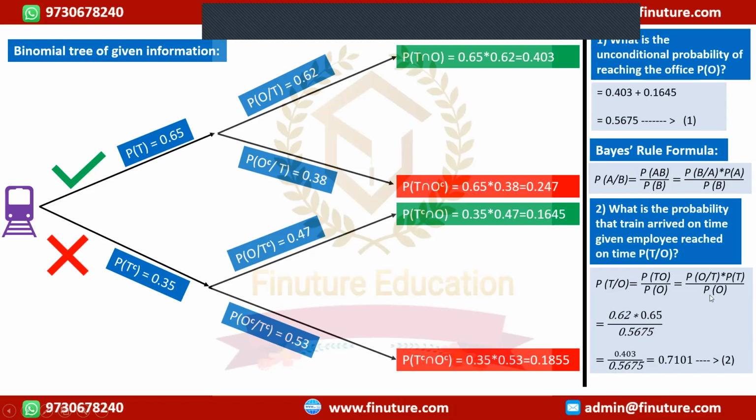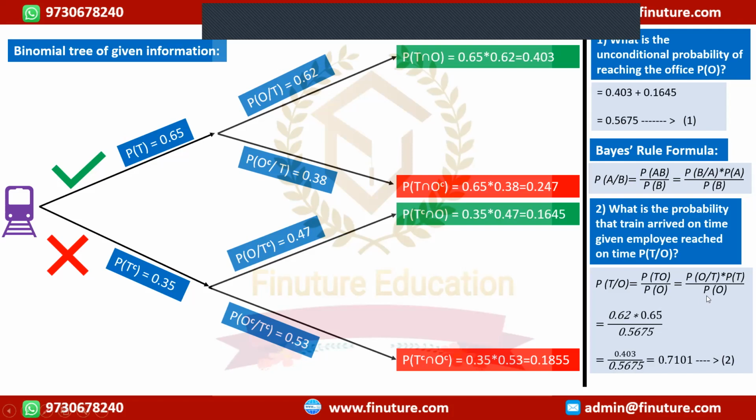Only the denominator part is tricky, wherein we already calculated this: 0.5675, or 56.75%. Either way, it's one and the same thing.